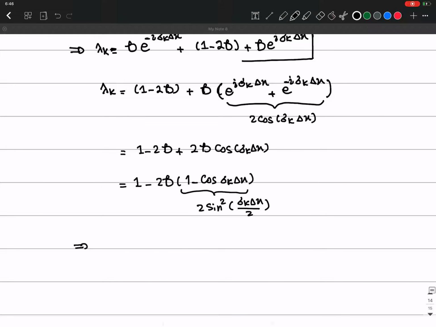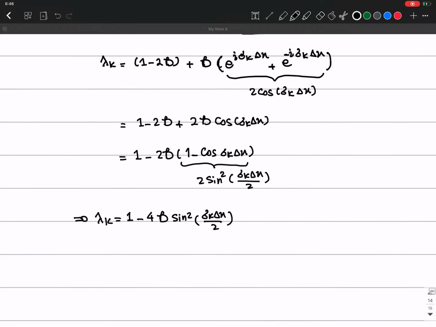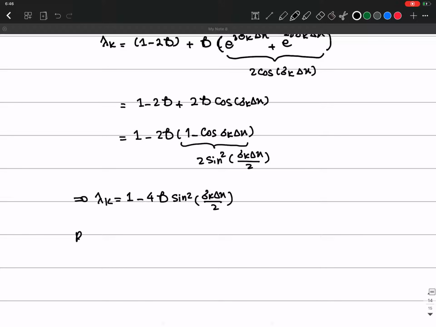And therefore, lambda_k equals 1 minus 4d sine squared (sigma_k delta x over 2). And for stability, we require the magnitude of lambda_k to be smaller or equal to 1. This means it should be between minus 1 and 1.